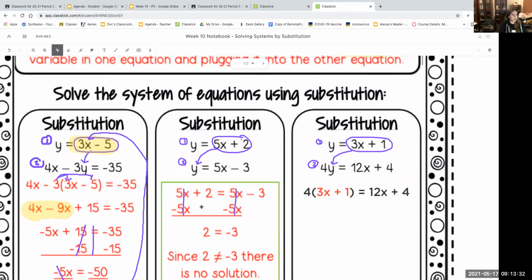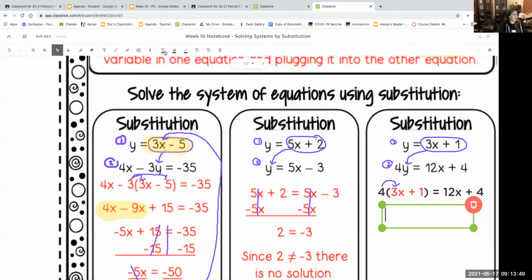And let's see, maybe our x's go away, or maybe we get x equals in this. So let's distribute. I have 4 times 3x, which gives me 12x. 4 times 1, don't forget you have to multiply 4 to both of them, gives me a positive 4.